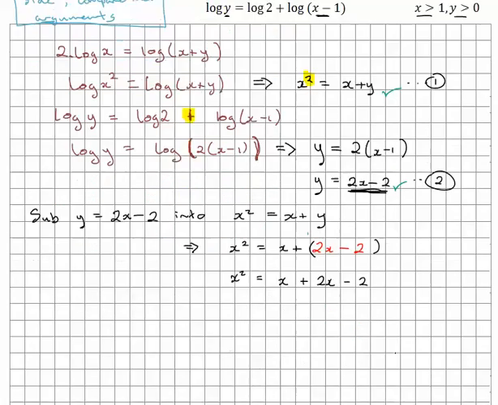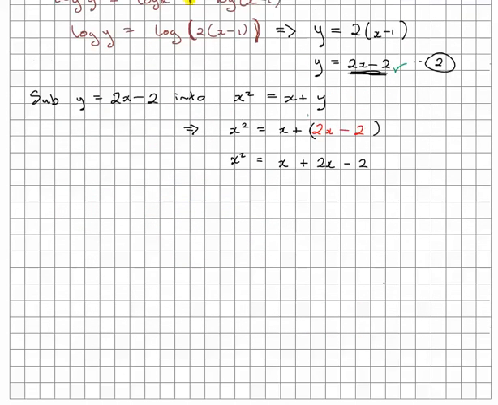Come down here a little bit and we'll get everything to one side. X squared, now these two come together to get 3x on the right hand side. They'll become minus 3x on the left, and we'll be adding 2 onto both sides to get 0 on the right. Now can these factor? Let's have a look.